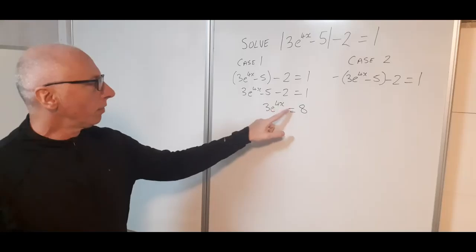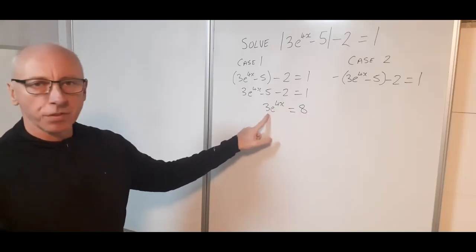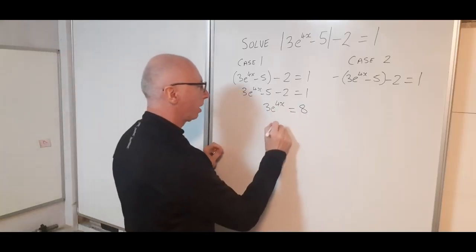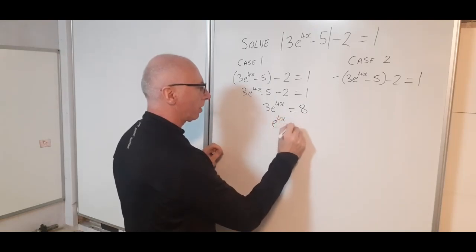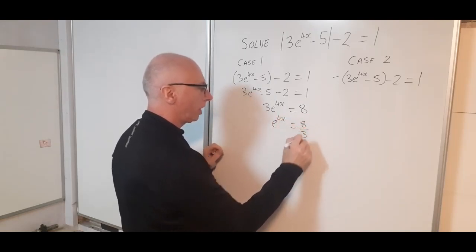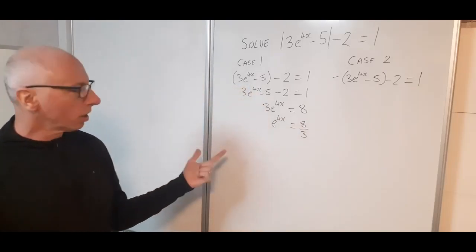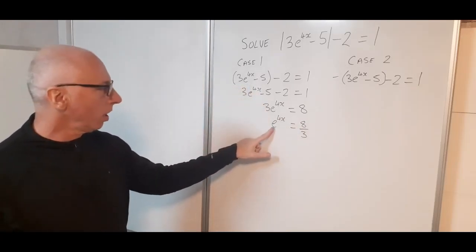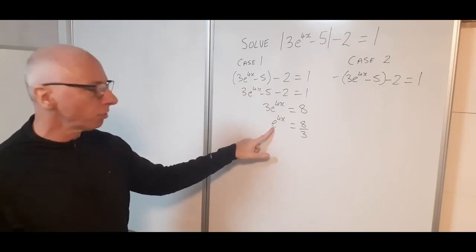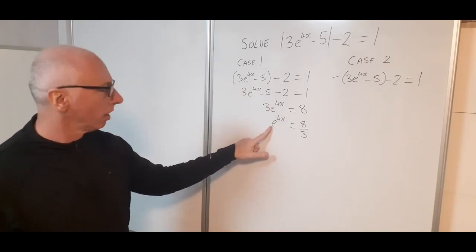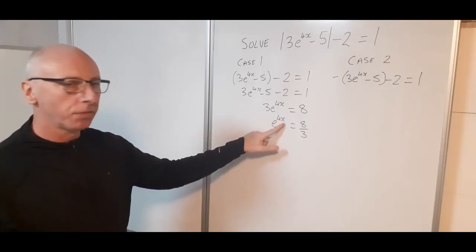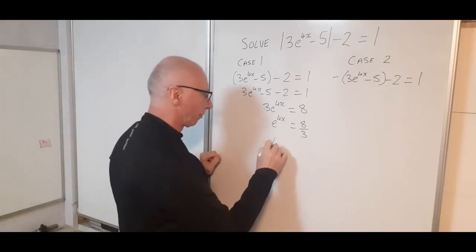Now I could do e to the 4x 8 over 3. So divide both sides by 3. So e to the 4x equals 8 over 3. And now I can log both sides. So if I log this side, I'll use the natural logarithm as I've got e here. So natural logarithm of e to the 4x just leaves me 4x.